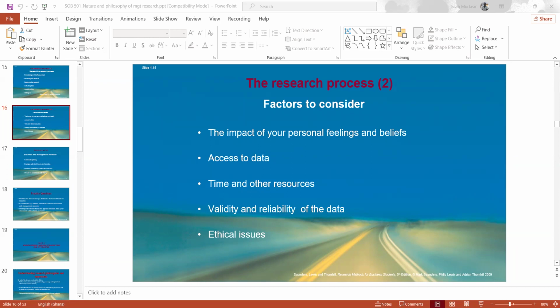People may try to hide their earnings or hide information. So it is your duty as a researcher to foresee that and then put in place mechanisms that can cause people as much as possible to trust the process and then volunteer information that you need.